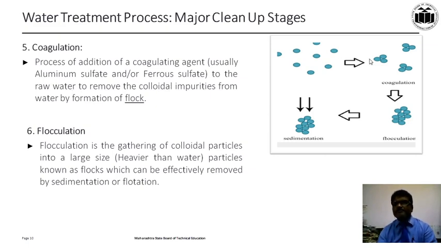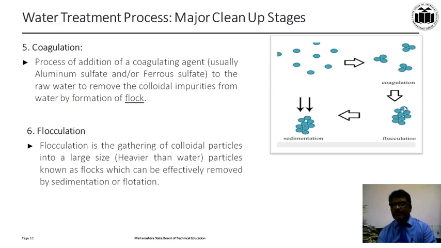See here, these are the formation of flocs. By adding the coagulant into the water, the very fine particles are attracted towards the floc. Floc is formed and the particles are attracted towards it, and the size of the floc increases.